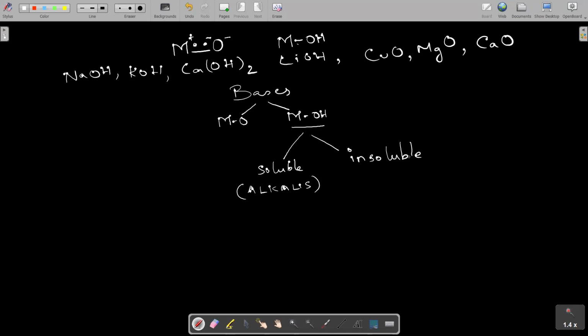Now, what are the ones which are insoluble in water called? They are called just insoluble bases. They don't have a specific name. So all alkalis are bases. Remember, all alkalis are bases.